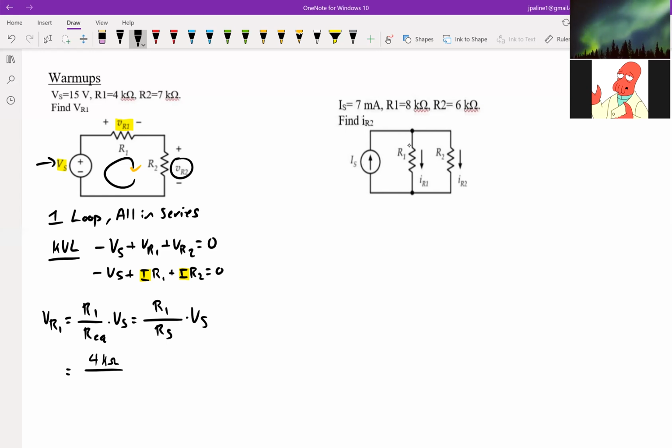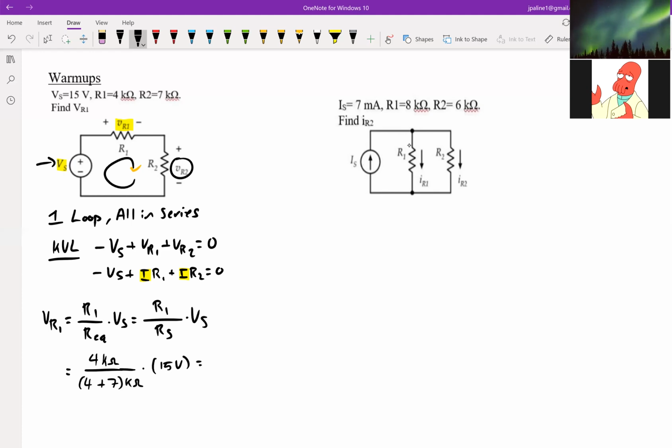R of S will be equal to 4 plus 7 kilo ohms, and we'll multiply it by the voltage, which is 15 volts.